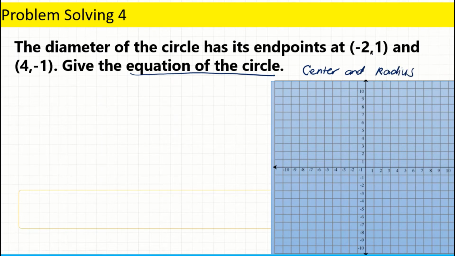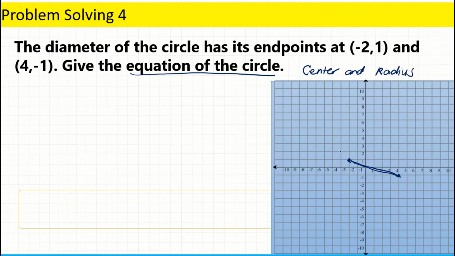Okay? So, when we are going to plot negative 2, 1 as endpoint of diameter, and we have 4, negative 1. So, connect those points, ayun yung magiging diameter natin.